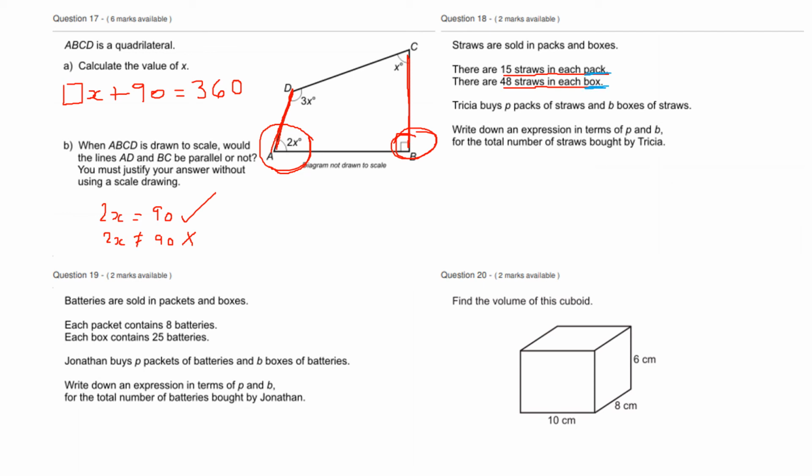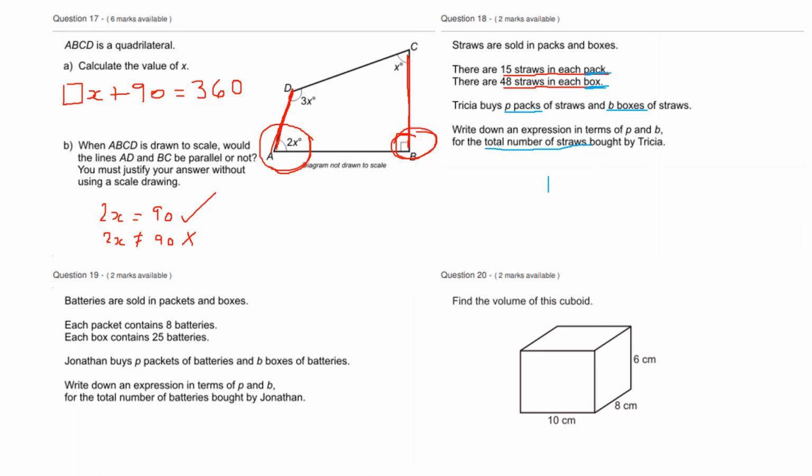Now it's told us that Trisha has bought P packs, so basically they're telling us to use the letter P for packs and to use the letter B for boxes. So we don't actually know how many. They're using a letter to represent that unknown number. But we want to know the total number of straws bought.